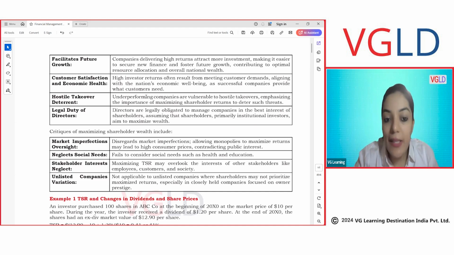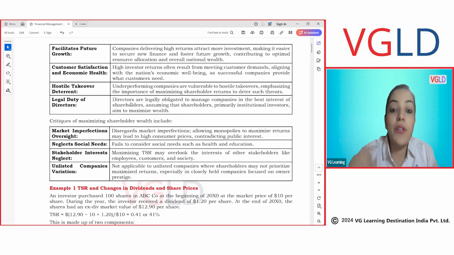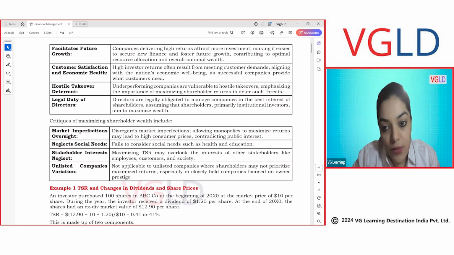And then legal duty of directors, or you can say fiduciary duty of directors. Directors are legally obligated to manage companies in the best interest of the shareholders, assuming that shareholders, primarily institutional investors, aim to maximize wealth.